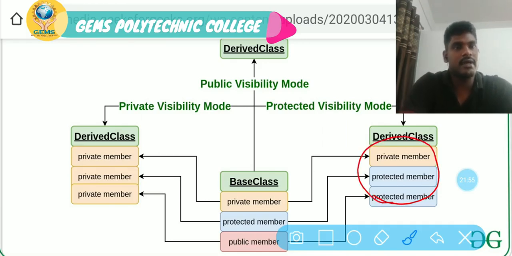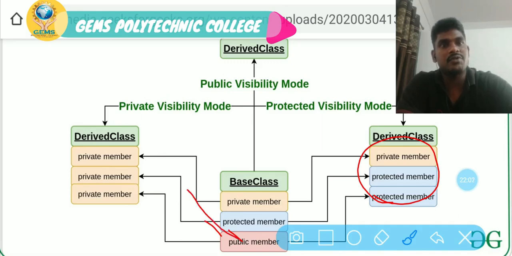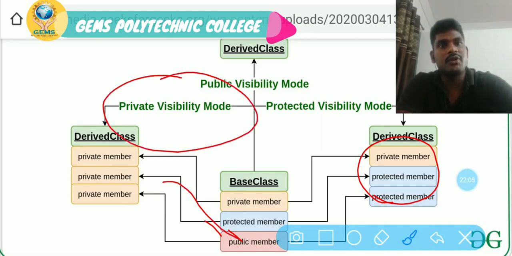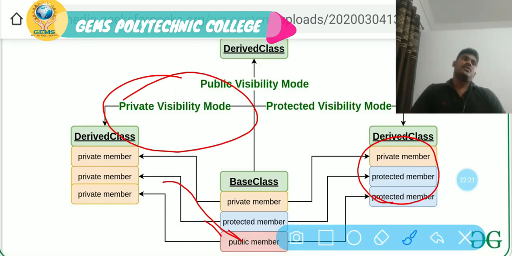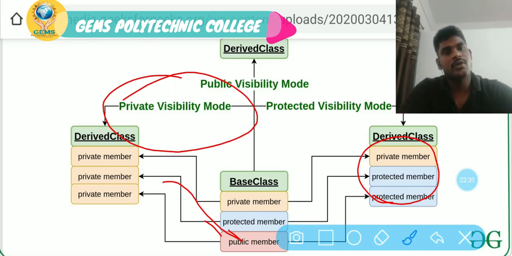That is the variation we have to understand. At the same time, protected and public would become private members in the private derived class. So public becomes protected, and public and protected both become private in a private derived class. So they are changing from public to protected and public to private. We have to understand this.